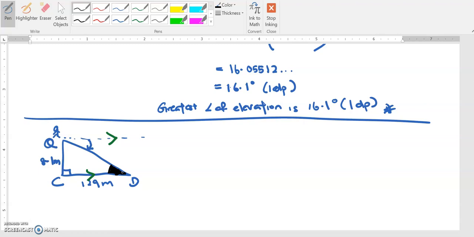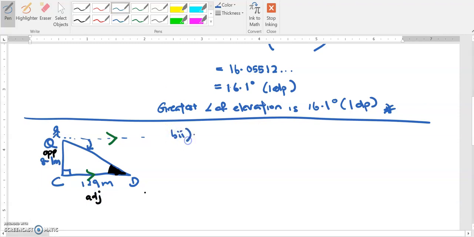Alright, so to calculate that angle of depression, and I have a right angle triangle, using the angle CDQ as my reference angle, this is opposite, this is adjacent. Therefore, in B part 2, I am going with tangent.